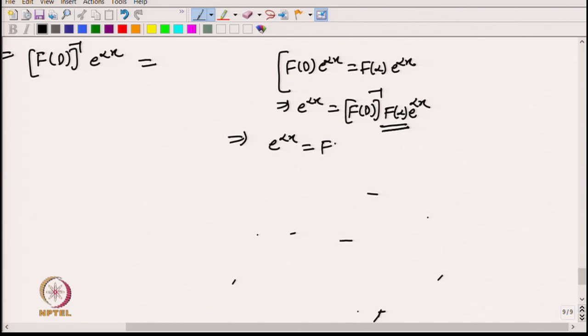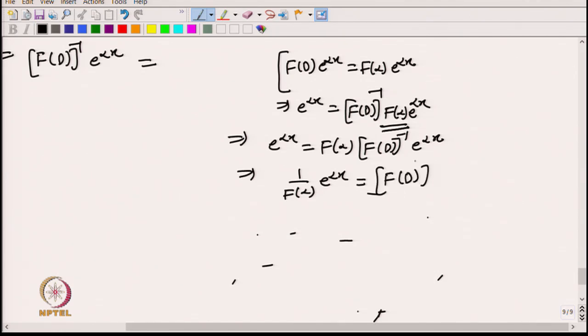So it becomes f of alpha times f of D inverse e raised to power alpha x. So, I can write 1 over f of alpha e raised to power alpha x as f of D inverse e raised to power alpha x.